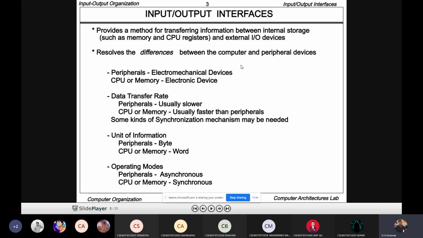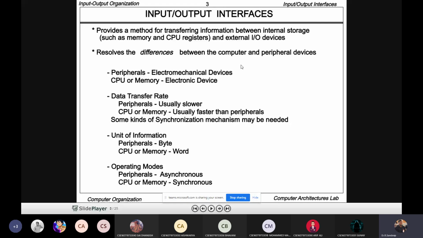Because the CPU operates with higher clock speeds, like 2.2 gigahertz or 3.2 gigahertz. With that operating speed we go with the CPU. But in the case of the peripherals, the data transfer rate is very low, very less.